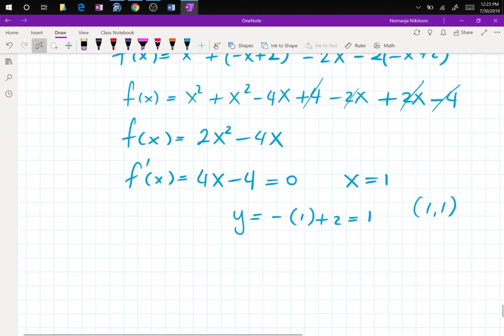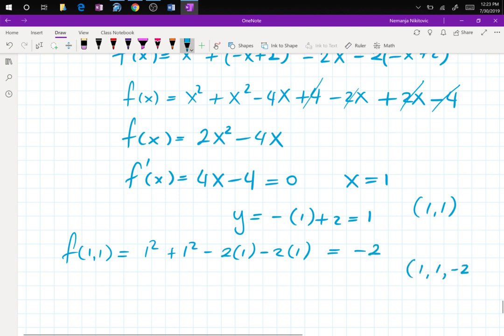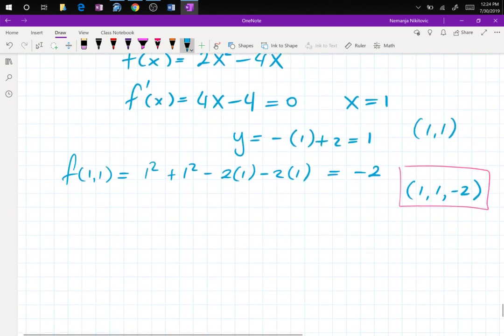So now I'm going to calculate the value for this. F of 1, 1 is going to be 1 squared plus 1 squared minus 2 times 1 minus 2 times 1, and we are going to get negative 2. So this point is 1, 1, negative 2. So now I was able to determine 3 points. There is a point 1, 0, negative 1. There is a point 0, 1, negative 1.